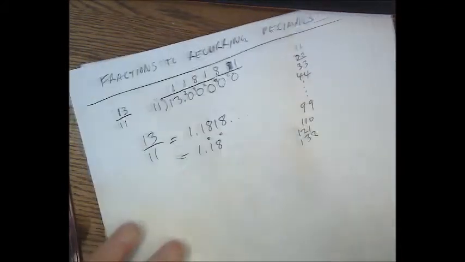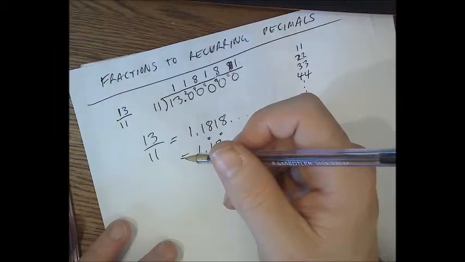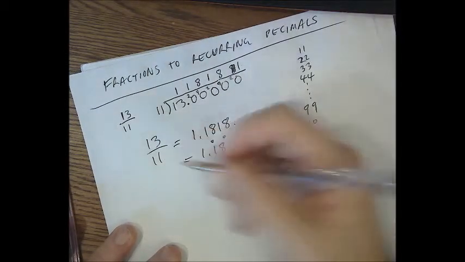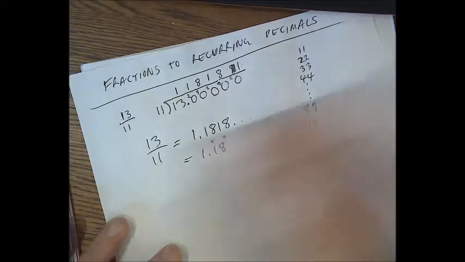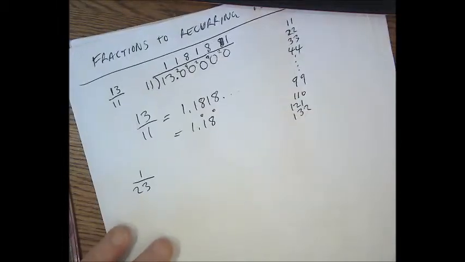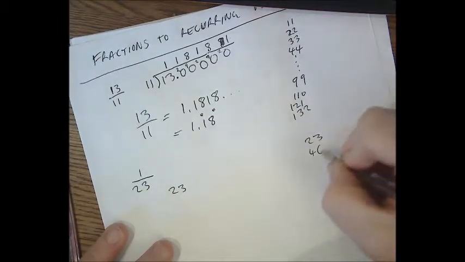Okay. You can even do this for great big horrible numbers. You can do it, for example, for 1 over 23. It's a bit of a hassle. So here's my times table for 23.